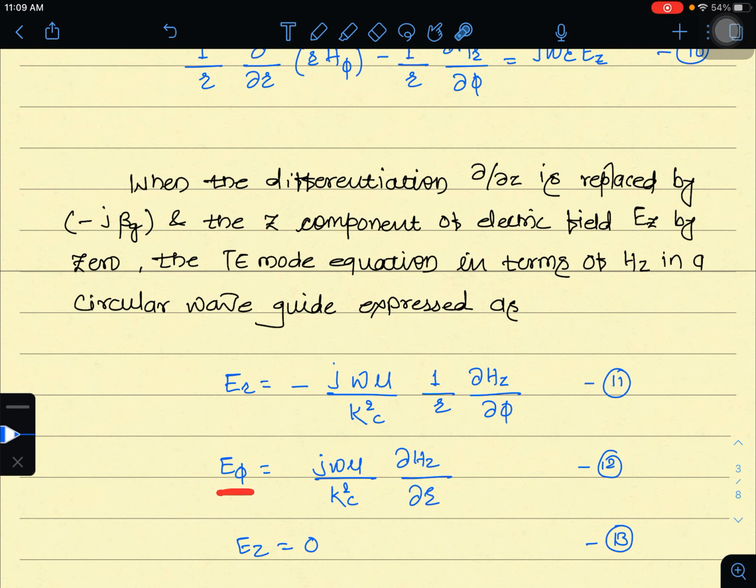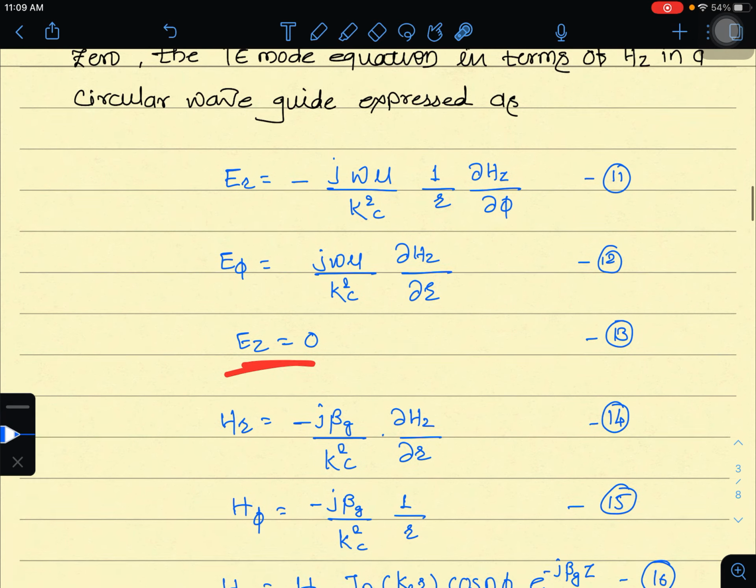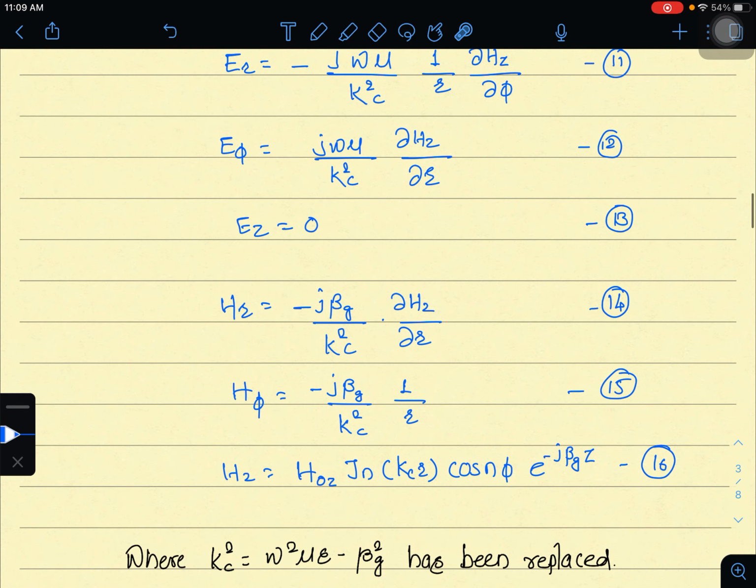Now in terms of Eφ, look at this Eφ. It is nothing but jωμ divided by k²c into ∂Hz/∂r. And Ez we already did. What is the value of Ez? Ez is nothing but 0. And the terms regarding the Hr, these three terms are the magnetic field terms.